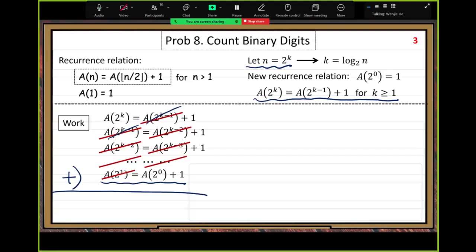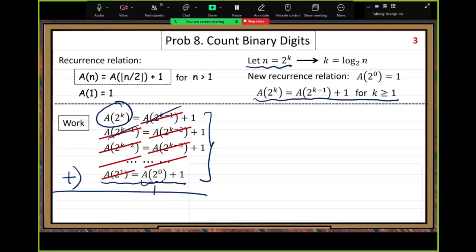The left-hand side, only one term left, A of 2 to the k. The right-hand side, this many ones. How many ones? We need to count how many equations we have. And then capital A of 1, and this number, by the initial condition, it is 1.